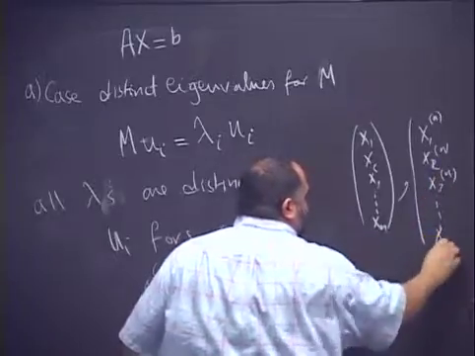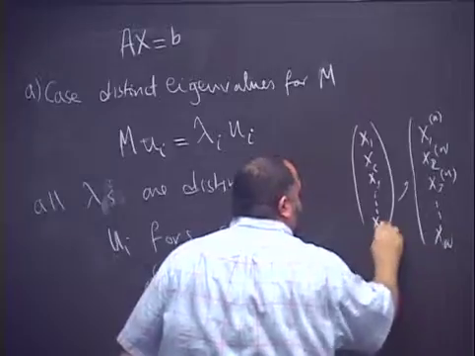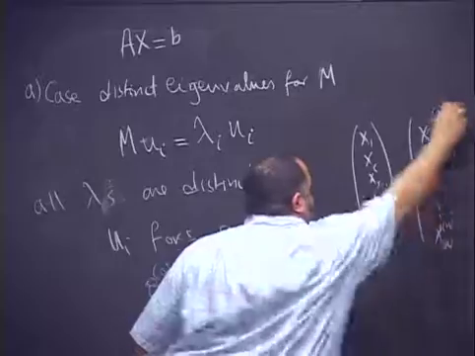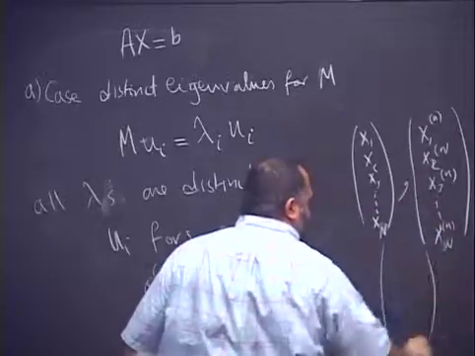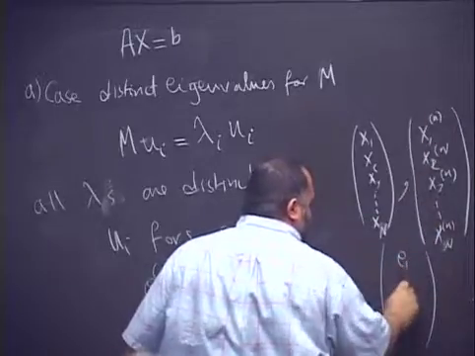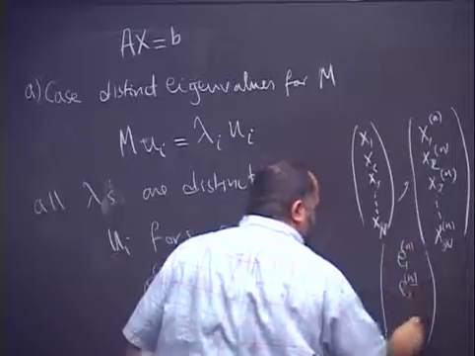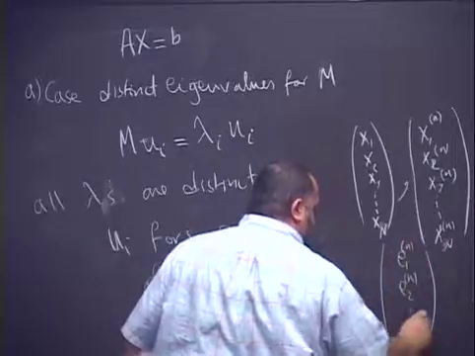Let's make N capital here so that nobody will confuse. So you will have a vector e1, e2 after the nth iteration, up to eN after the nth iteration.